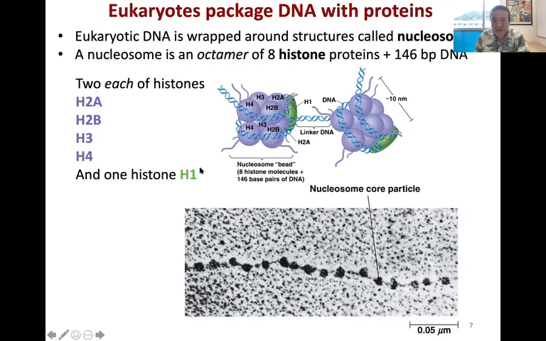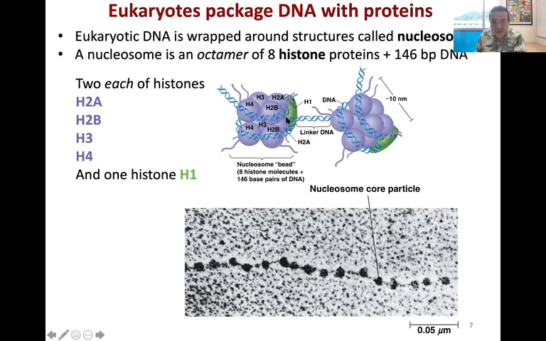In addition, it will have 1 histone H1 represented in green that helps keep this nucleosome together and helps keep the DNA wrapped around it. You can see the DNA, the double helix, on the cartoon here. It's coming from the left, and it wraps around the nucleosome here.